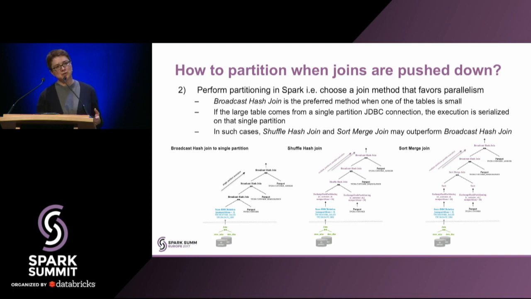However, if the large table comes from a single partition JDBC connection, the execution will be serialized on that single partition. The Spark query will be serialized until some other operator above will do the repartition. In such cases, shuffle hash join and sort merge join may outperform broadcast hash join because of the lack of parallelism in the latter.